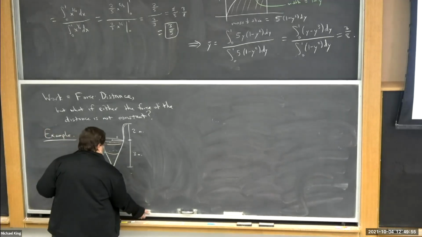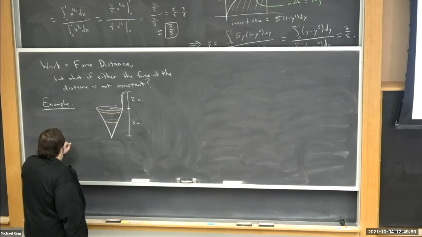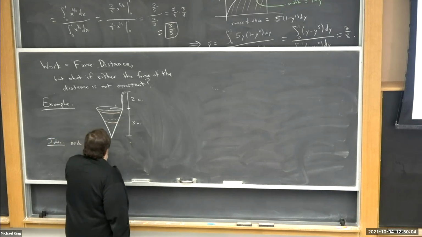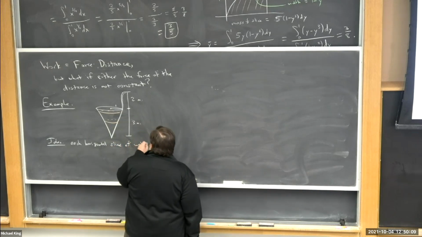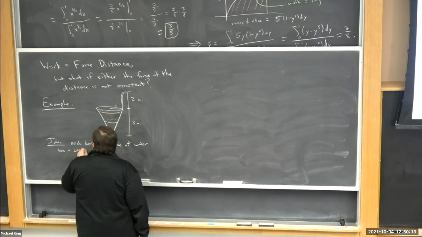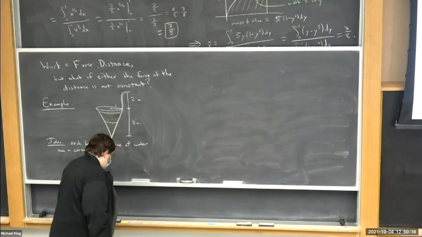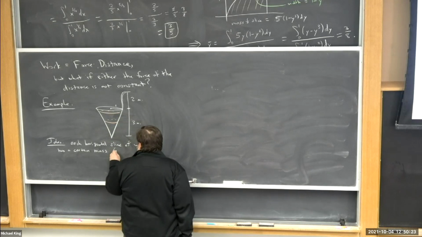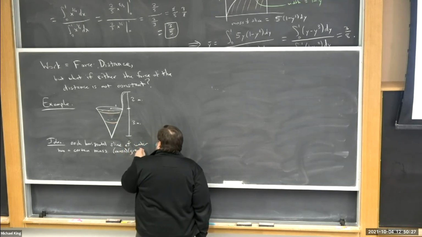So the idea is each horizontal slice of water has a certain mass, and then mass times gravity is the force.